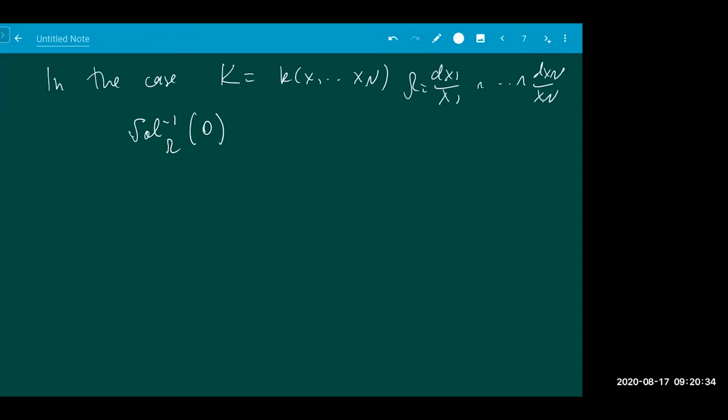We get a certain huge set. Let's denote this set S. It's a huge set. It has infinitely many parameters, and the group also acts here.